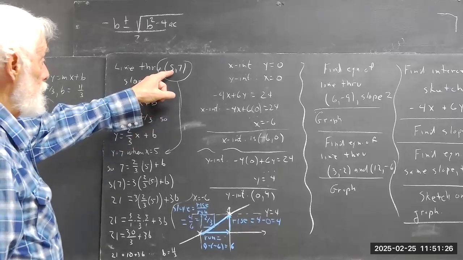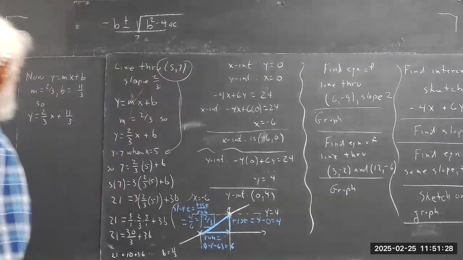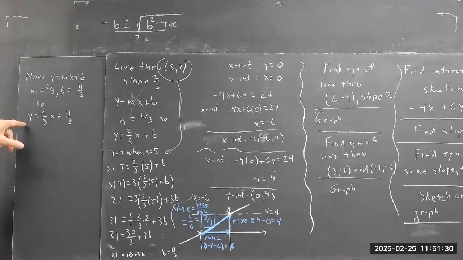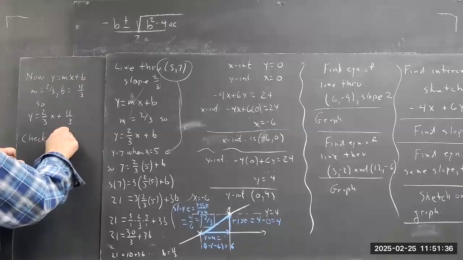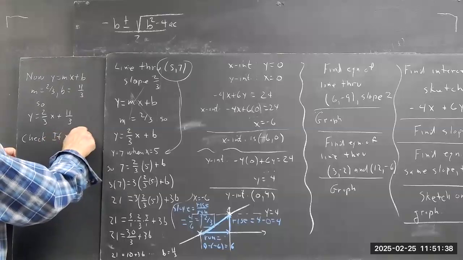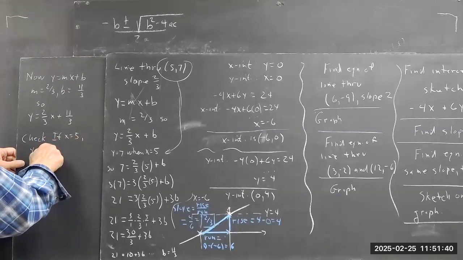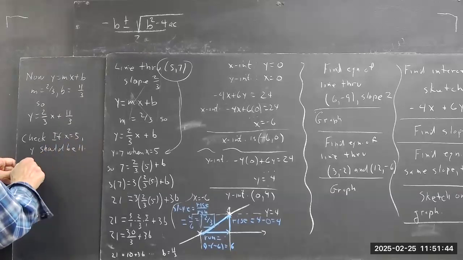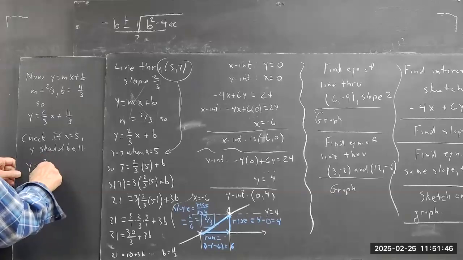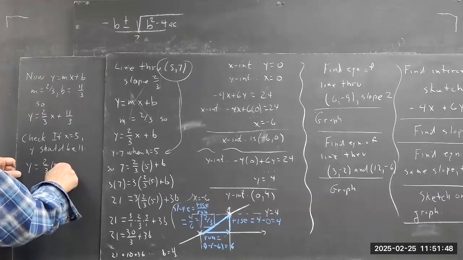Well, we let x equal 5 and see if we get 7. So we get y equals 2/3 of 5.